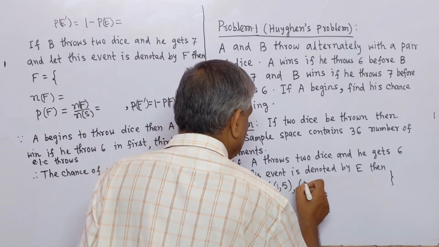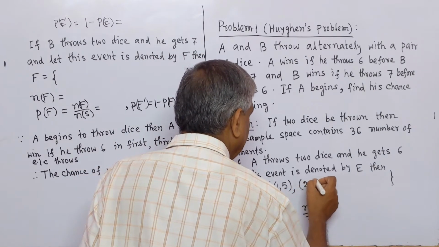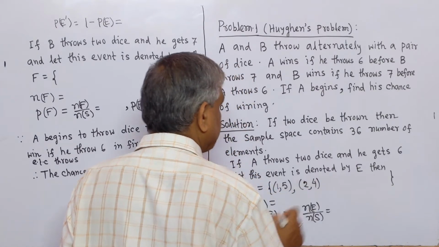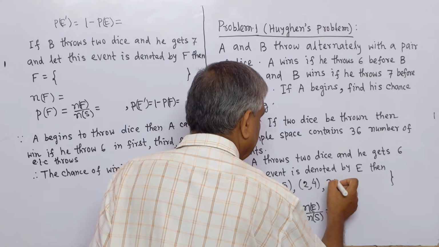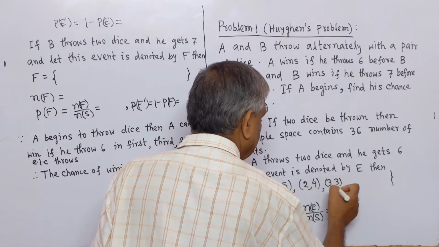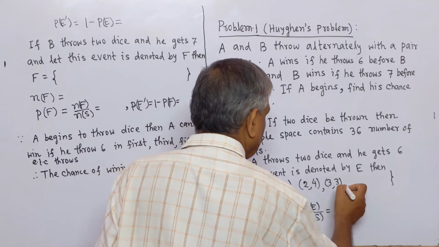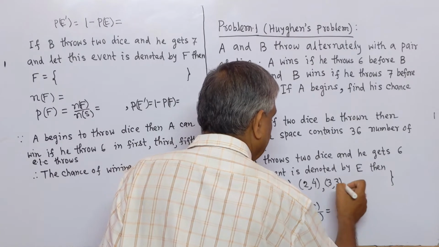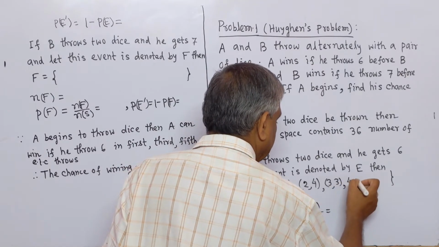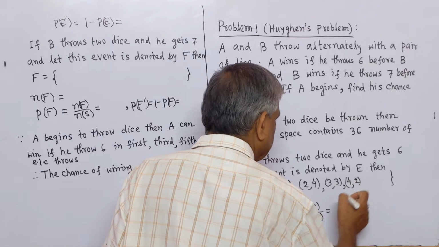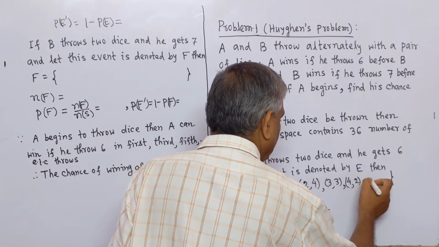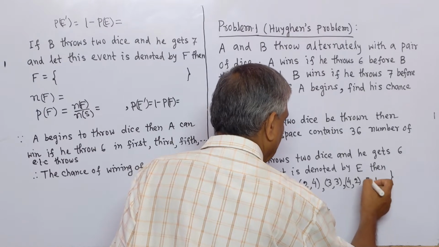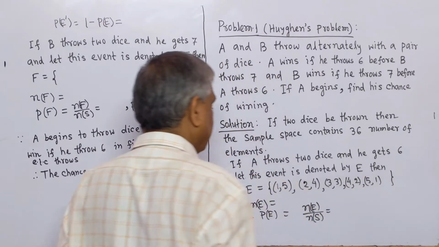First die 2, second die 4, 2 plus 4 is 6. First die 3, second die 3, 3 plus 3 is 6. First die 4, second die 2, 4 plus 2 is 6. First die 5, second die 1, 5 plus 1 is 6.